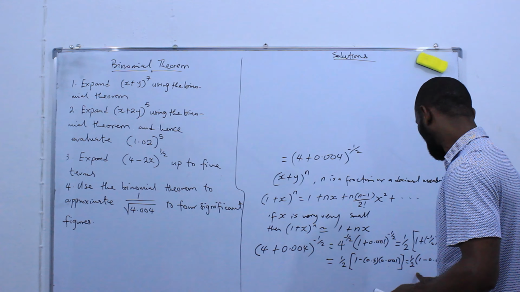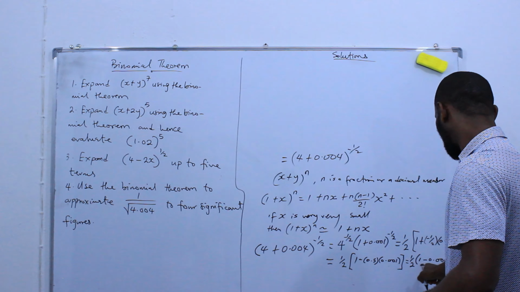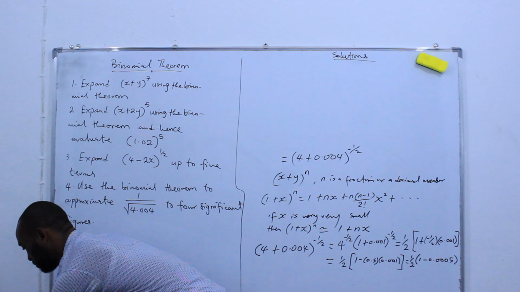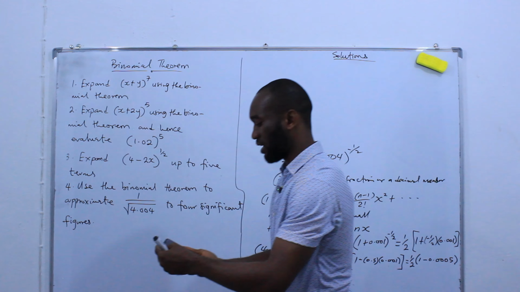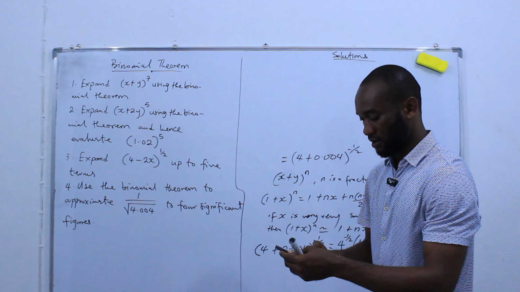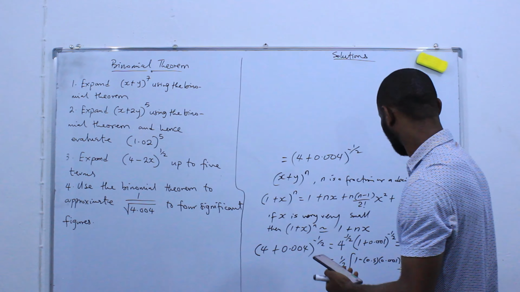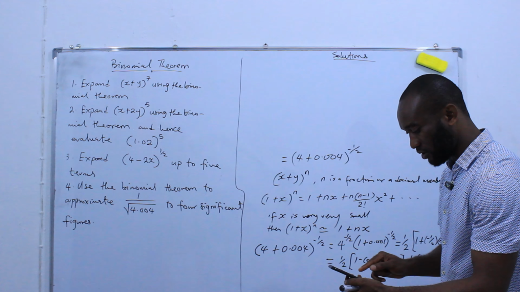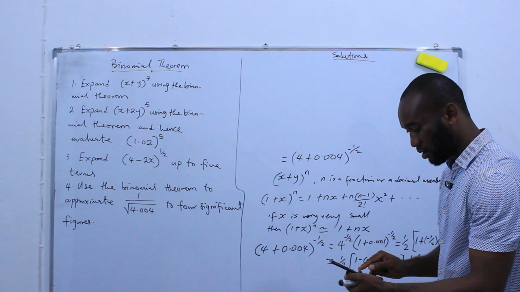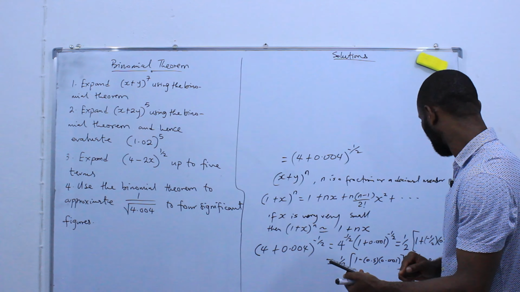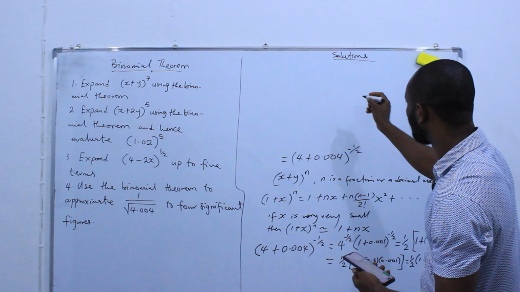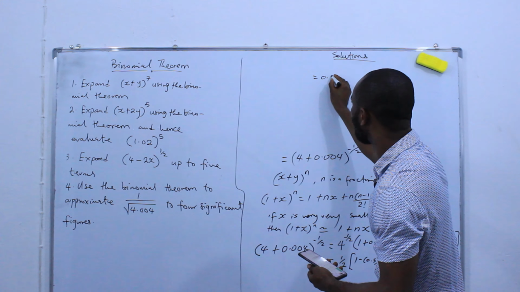So from here, I'm going to have this minus this. I'm going to use the calculator from here. 1 minus 0.0005 is giving me 0.9995.